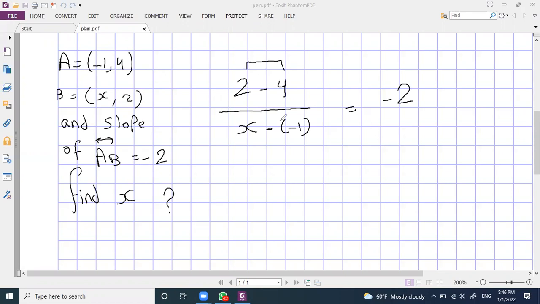And 2 minus 4 is -2, over x plus 1 equals -2.